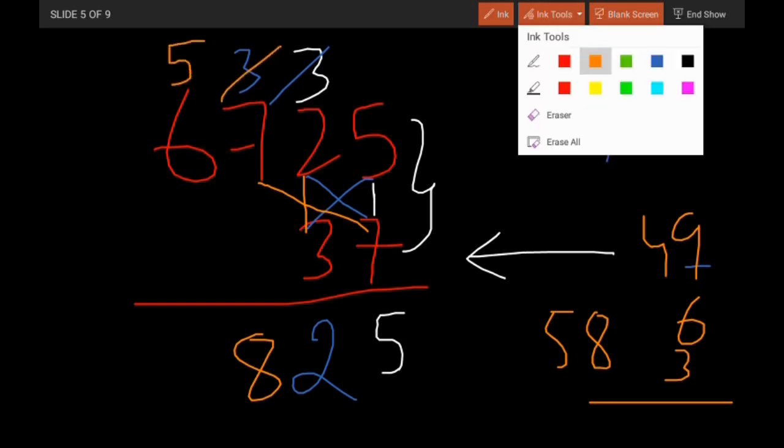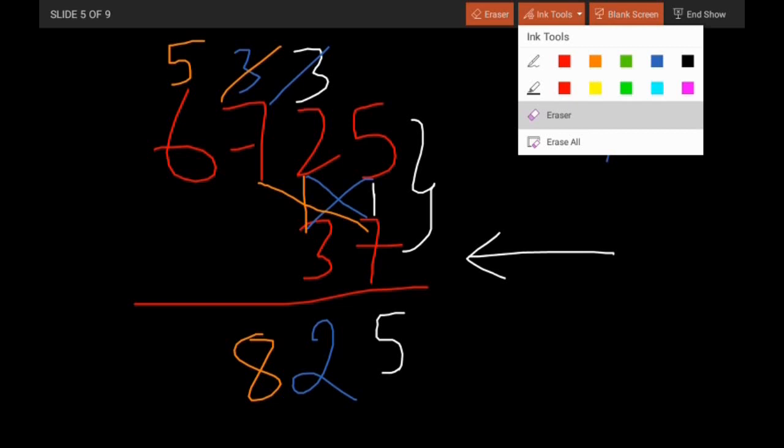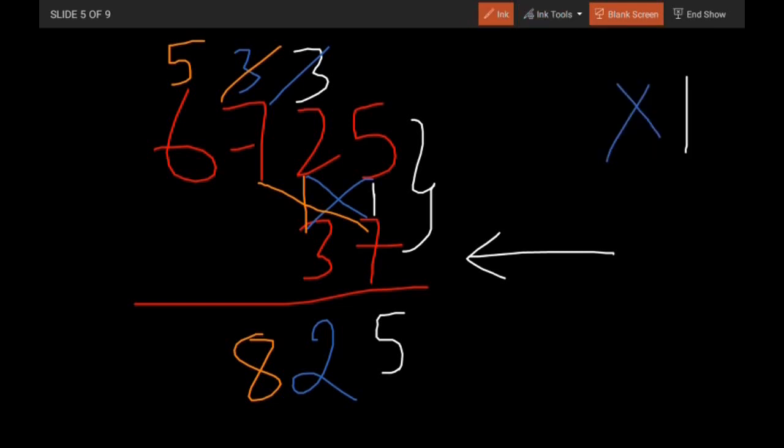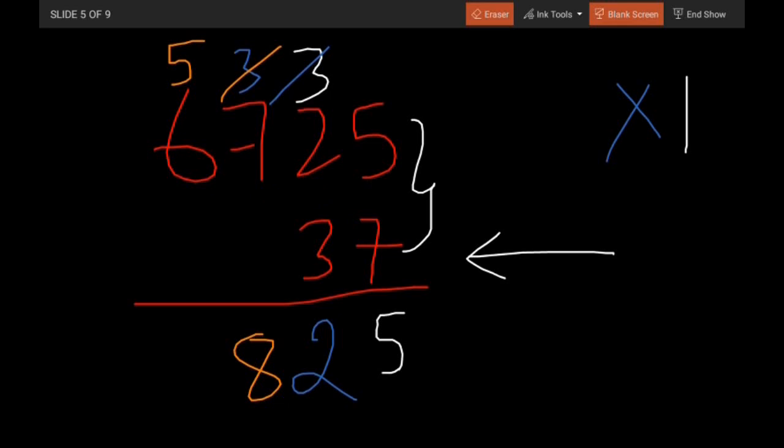So now the next step is going to be the same, but we have to shift the cross. That's it. So the next step is going to be like this. Okay, I'll just erase this one so that you won't be confused.